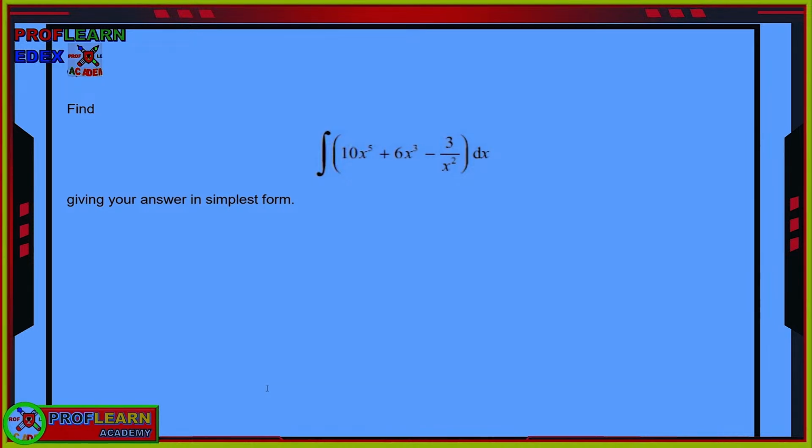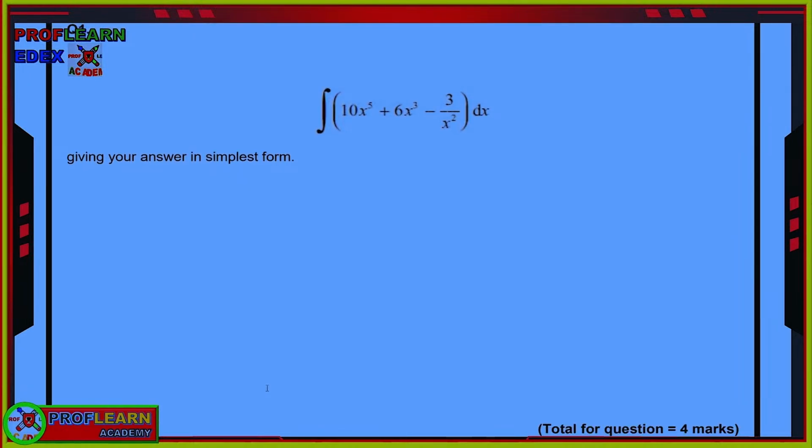So the first topic that you need to know is how to integrate expressions like these ones. Remember, when you are integrating an expression like this one, you need to increase the power by 1 and divide by that new power. So the second term will be equivalent to 6x^(3+1), and everything will divide by 3 plus 1.